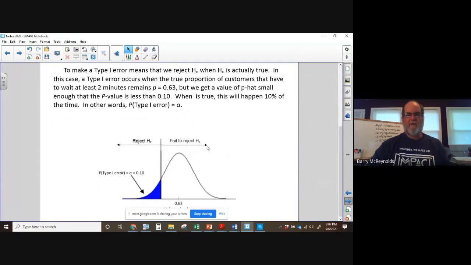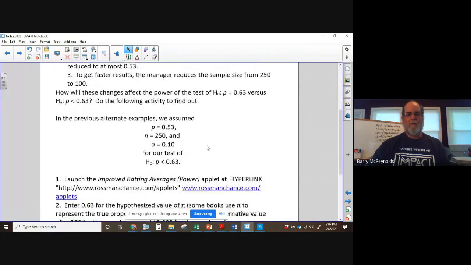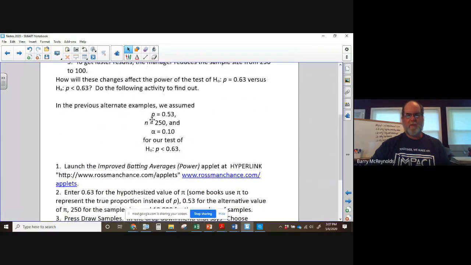And on the third page of that example, we started out with this base case where we were testing a null hypothesis. Oops, that should be alternate hypothesis right there. Let me change that.